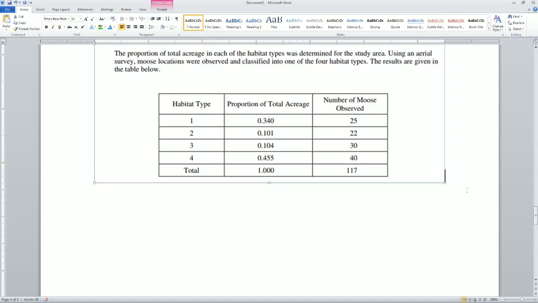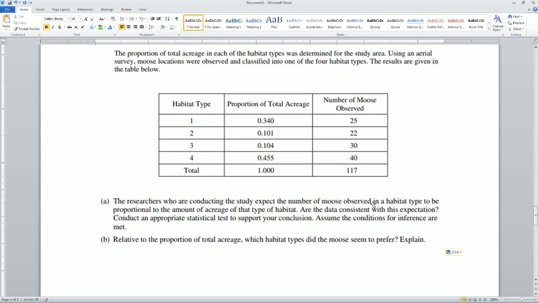Now you should already notice, what does this remind you of? What sort of test? Goodness of fit. Right. No, hold on, this is not goodness of fit.